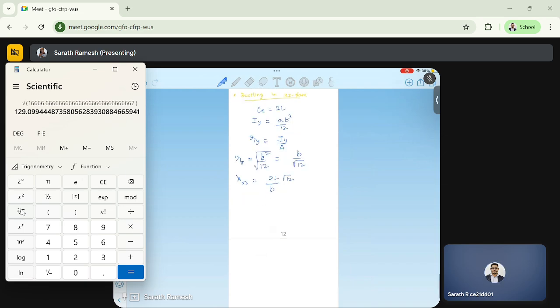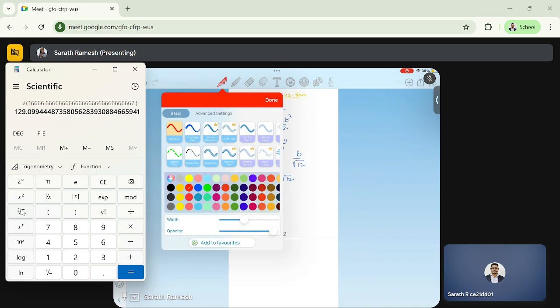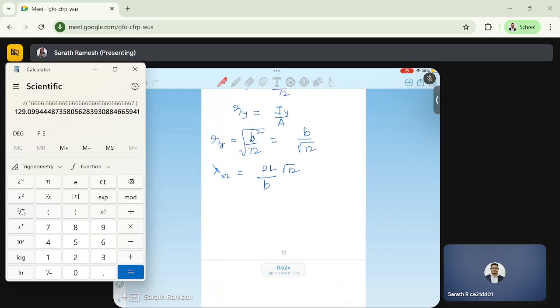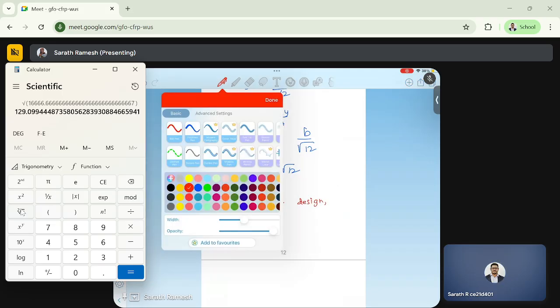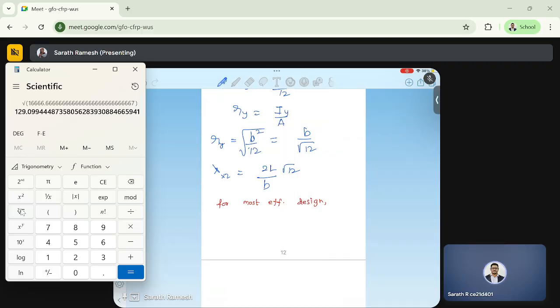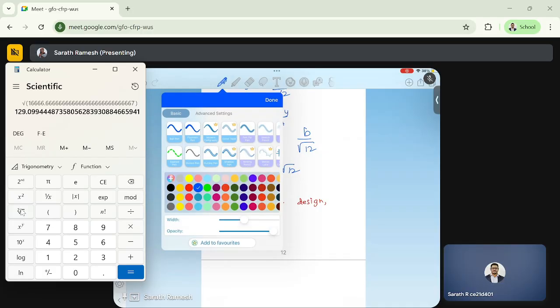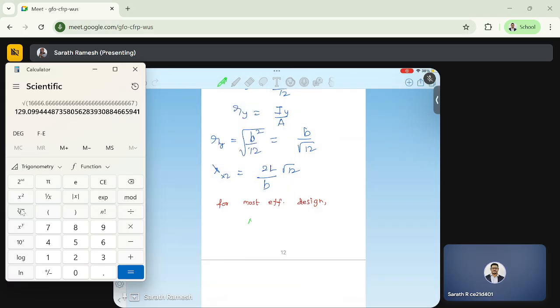Now for most efficient design, we equate this lambda XY equal to lambda XZ.